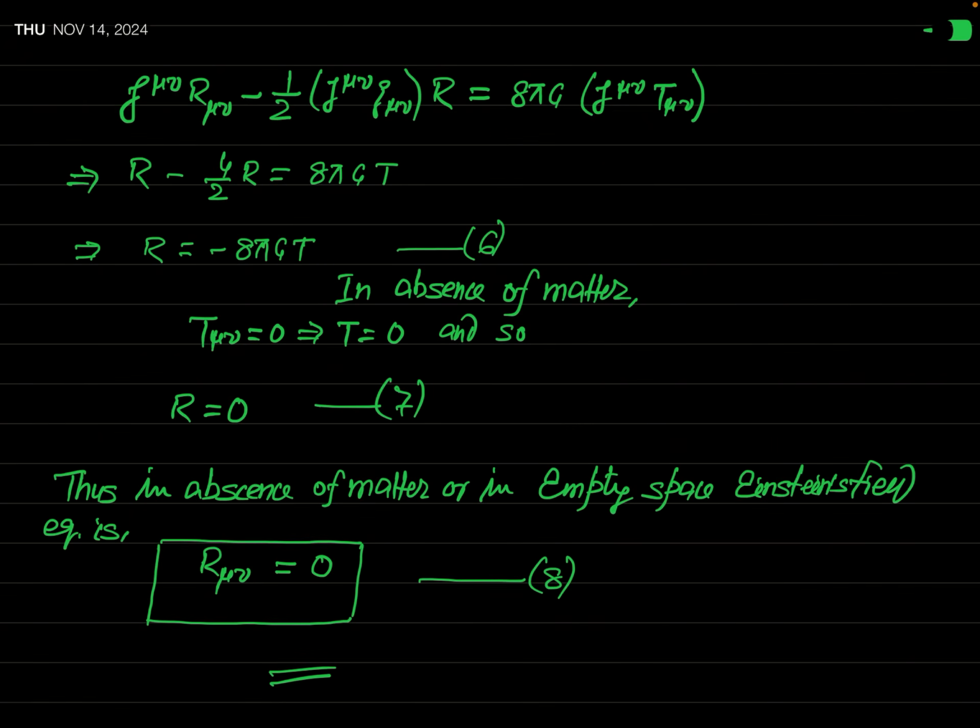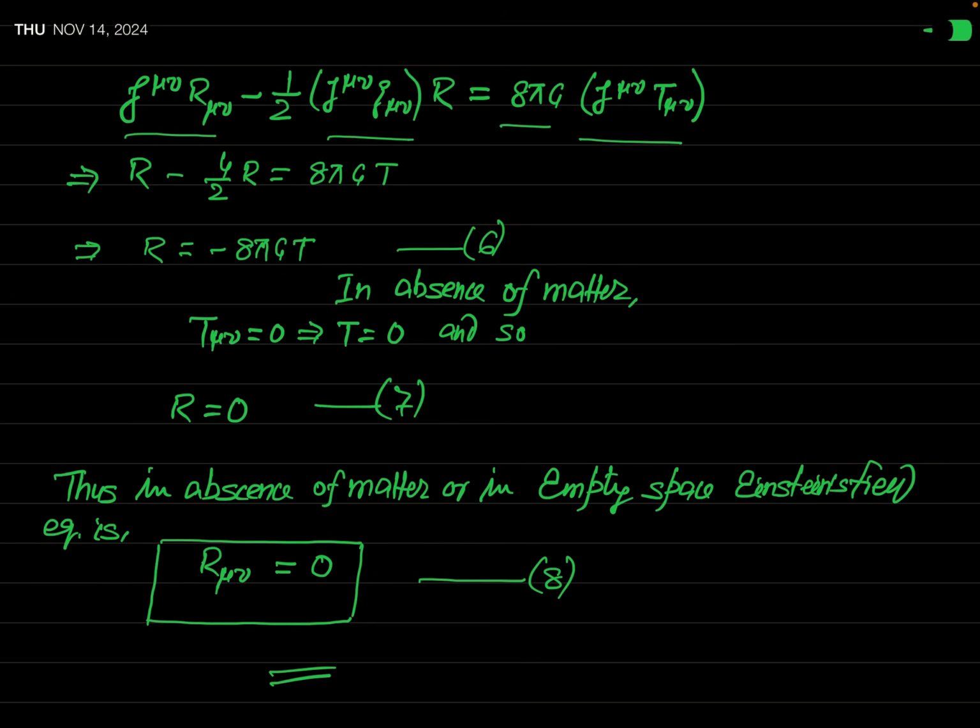So this will be G mu nu times R mu nu minus 1 over 2 G mu nu times G mu nu, and this is equal to 8 pi G times this much.